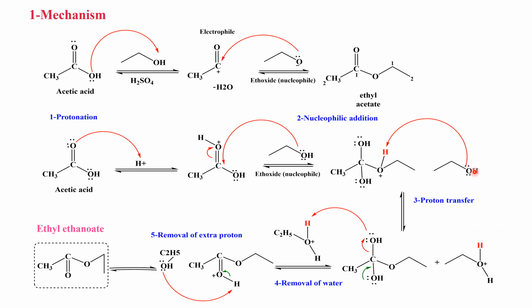Now, in the system, we have the alcohol, which we are using not only as a reactant, but also as a solvent system. Any reaction in which the reactant is also the solvent is called solvolysis. And when that solvent and reactant is water, then we use the term hydrolysis, right? So this is a solvolysis also, because this alcohol is not only the reactant, but also the solvent.